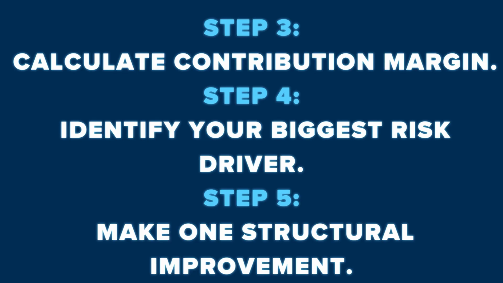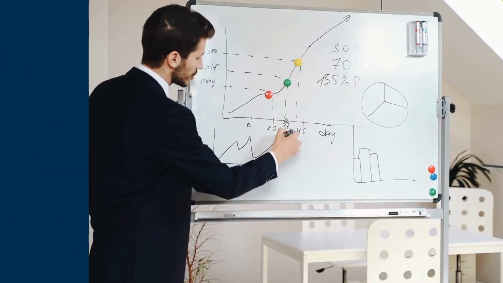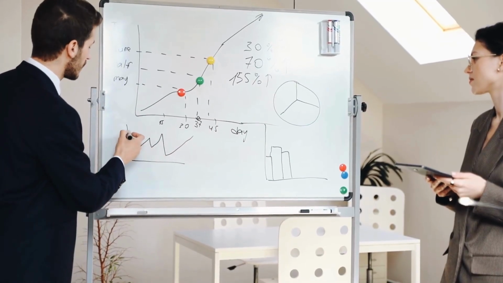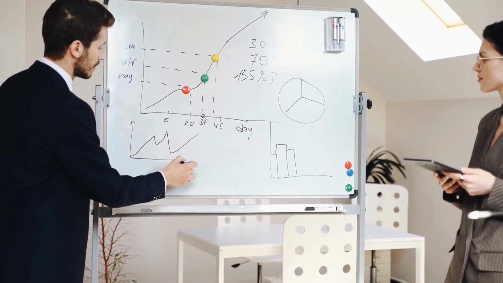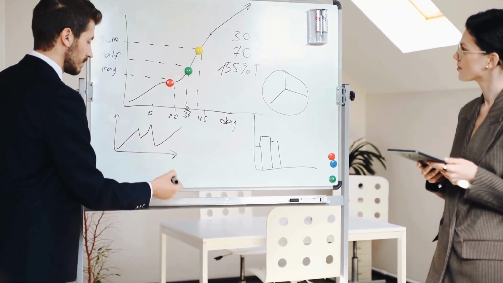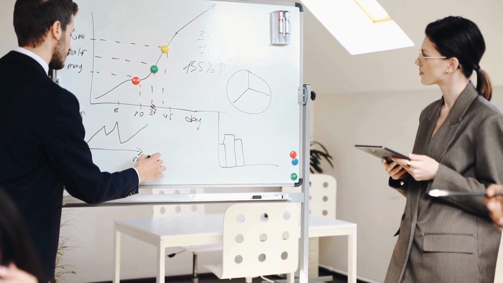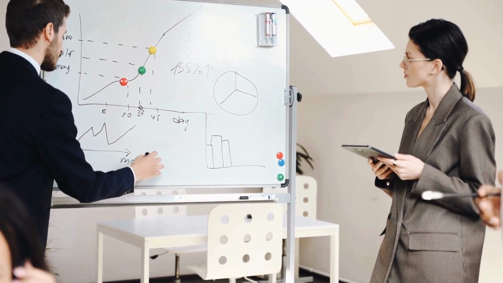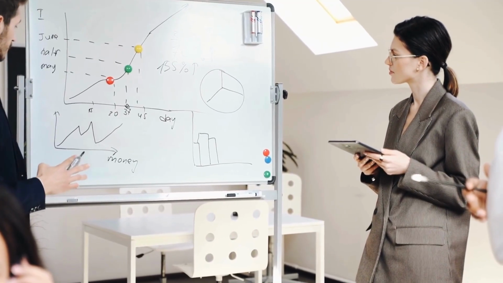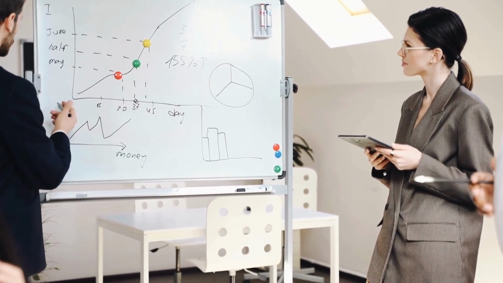And in step 5, you make one structural improvement. That is strategic control. Business success is not really about effort, it's about structure. If you understand your business model financially, you control your risk, you control your margin, and you make better decisions. That is what management accounting is designed to do.